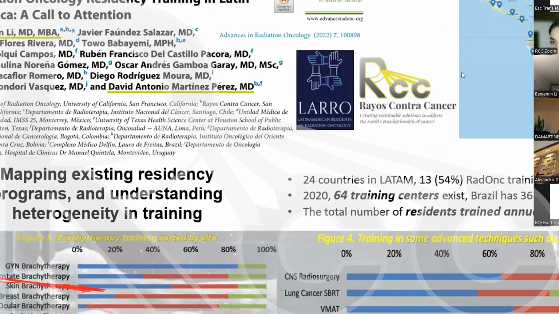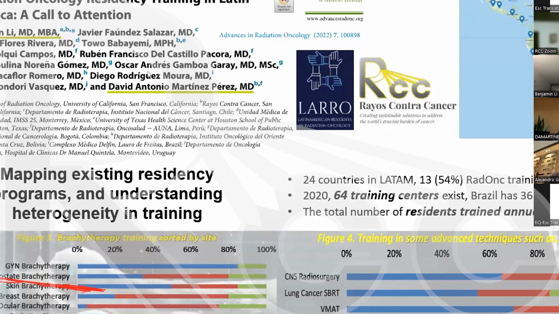Also, we see that there is heterogeneity of formation in Latin America. And in fact, this is global. It's not just an issue of Latin America about the training of our radio oncologists. In Latin America, annually, we graduate 125 radio oncologists. 56% are produced by Brazil, and the rest in the different countries. Access to high technology for their education is around 56 to 60% of the treatments done.